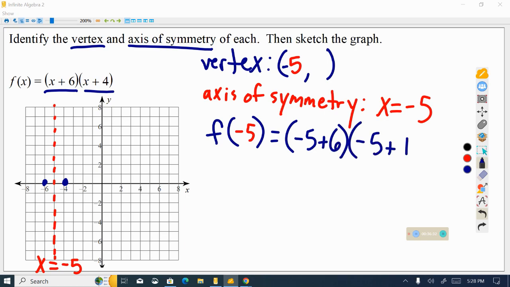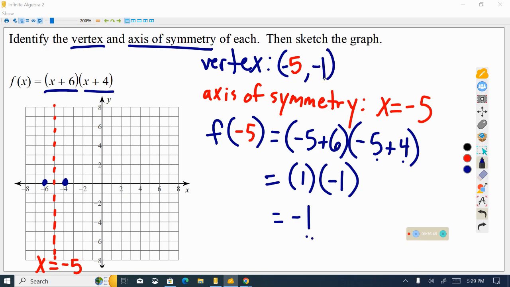So -5 plus 4, -5 plus 6 makes 1, -5 plus 4 makes -1, and when I multiply those out, I get -1. And so we just found the y-coordinate of the vertex. And so that tells me where to go put the vertex, and that means I can place it right here at -5, -1.